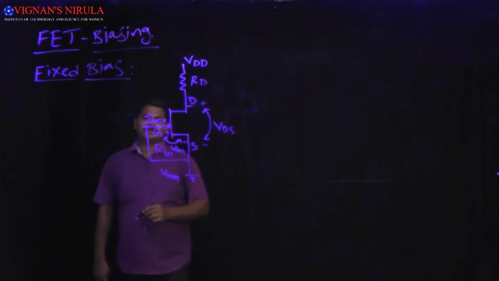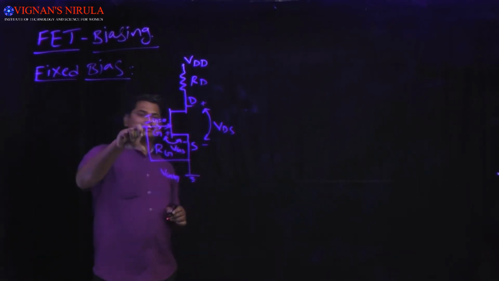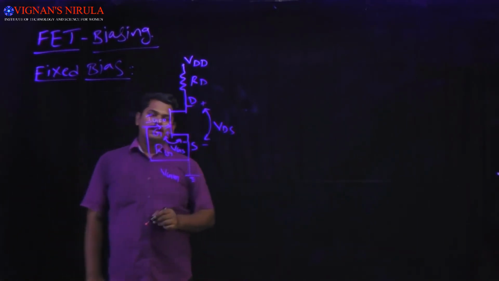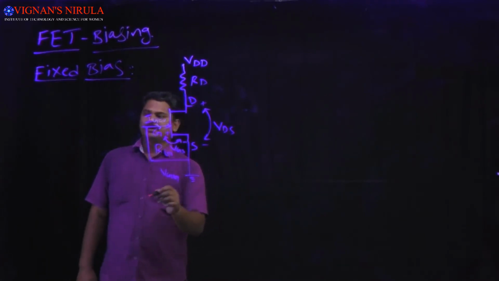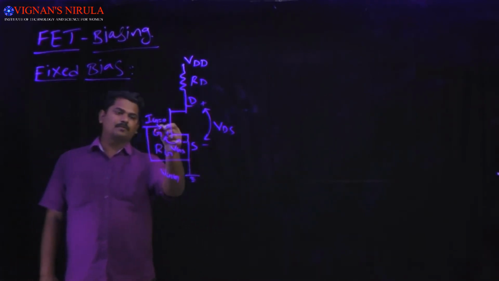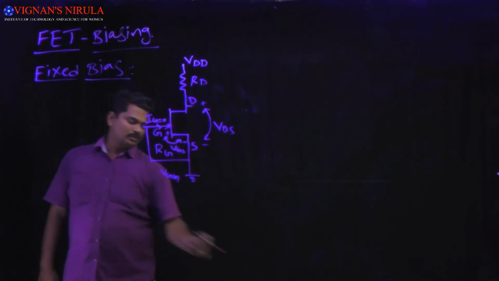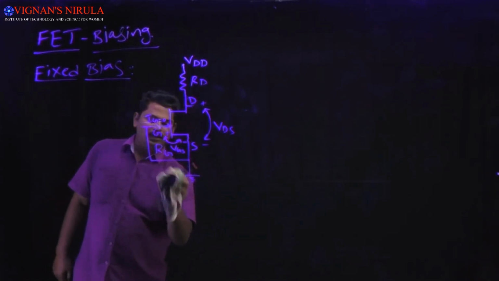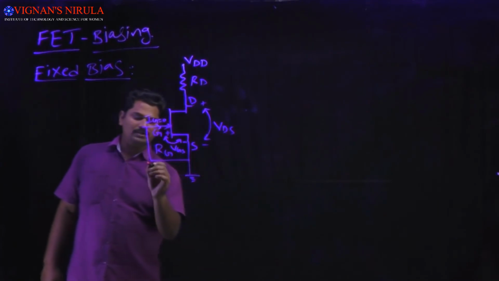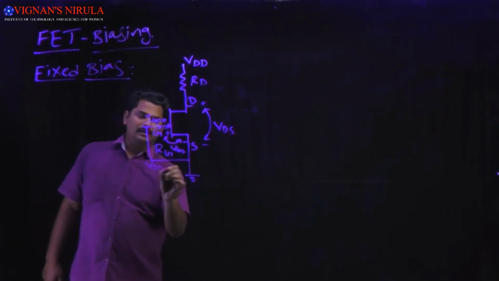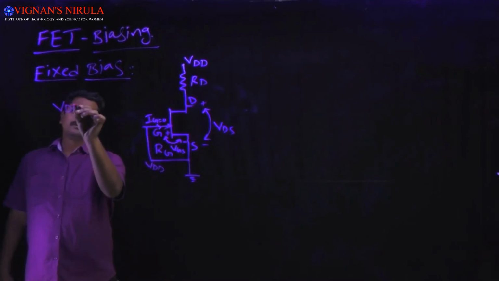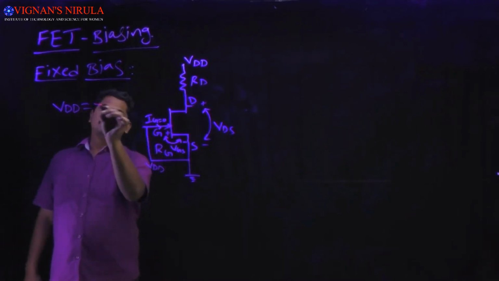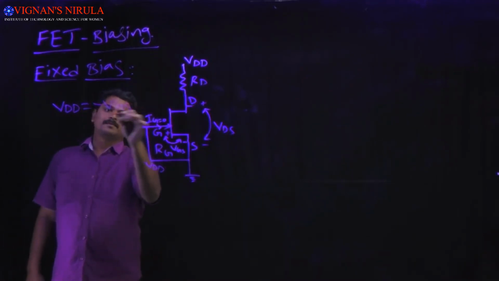Now for the DC analysis at the input side, when we apply Kirchhoff's voltage law at the input side, at the beginning we applied the voltage VGG here, and this voltage will be equal to minus VGS.